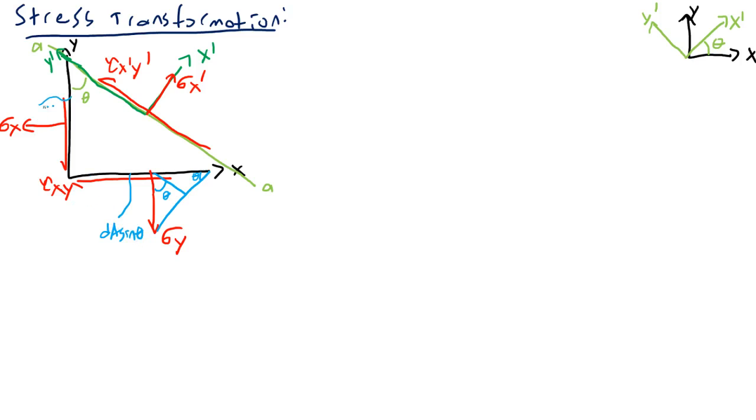The area on this piece, if we're talking a little differential element, is dA cosine theta. Not dwelling too much on the trig if I can avoid it, but this is also theta and theta and theta.